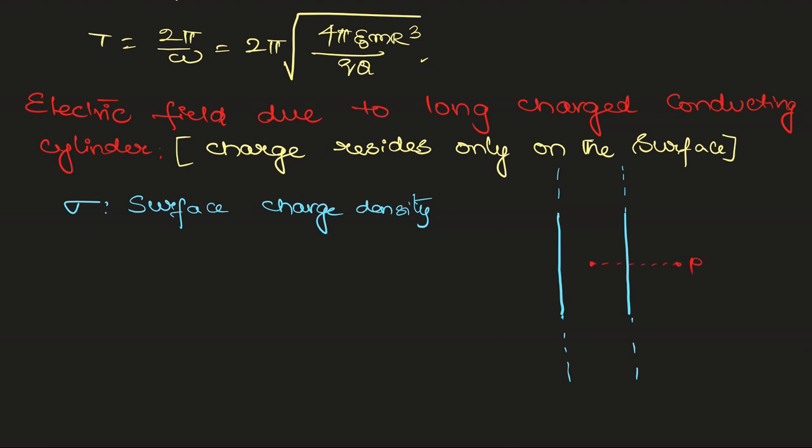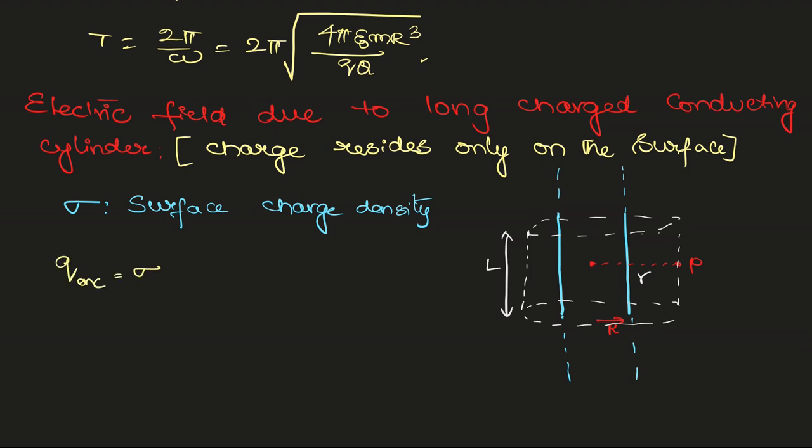outside, if the cylinder radius is R, and we are considering a point at a distance r, here we will construct a Gaussian surface of length L and radius r. So now what is the charge associated with that Gaussian cylinder, meaning charge enclosed?